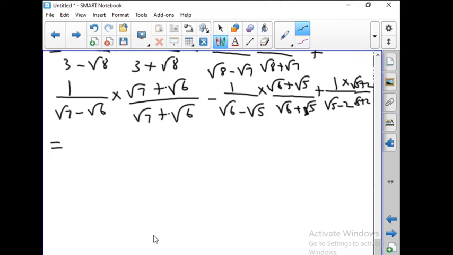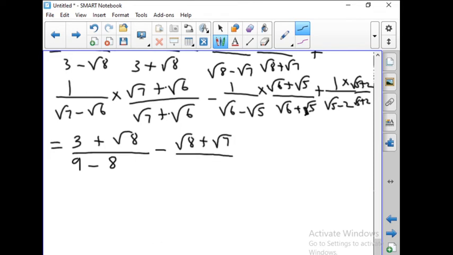Okay. So now what about the first term? The first term numerator is 3 plus root 8. The denominator is of the form a minus b into a plus b, which is a square minus b square. Therefore 3 square is 9 minus root 8 square is 8. Similarly, for the next term we have root 8 plus root 7 in the numerator, and the denominator is root 8 square, 8, minus root 7 square, 7.